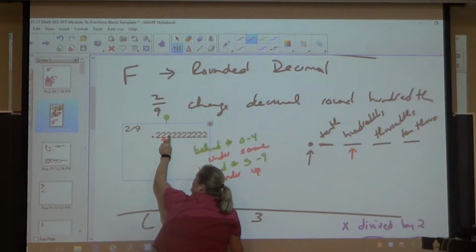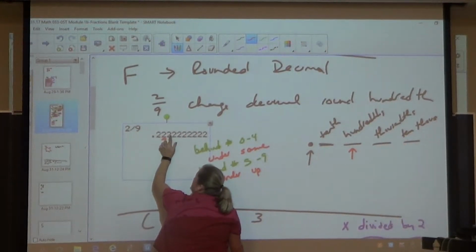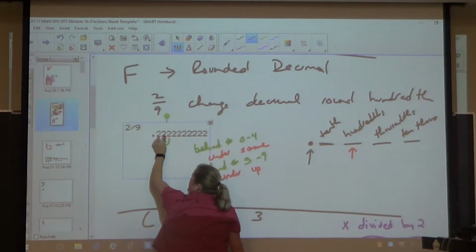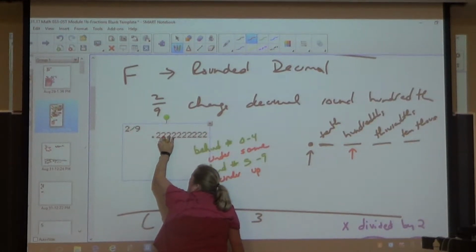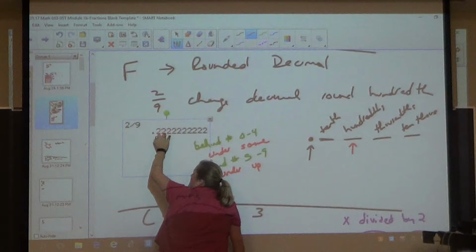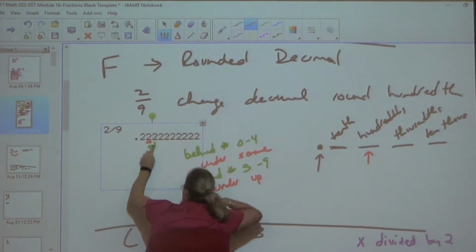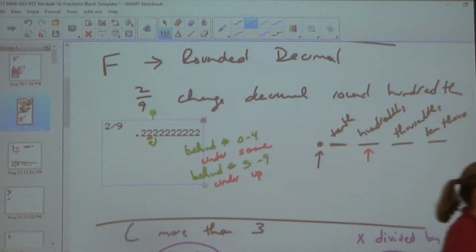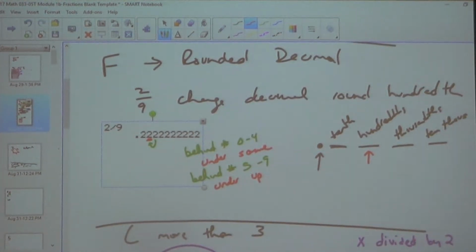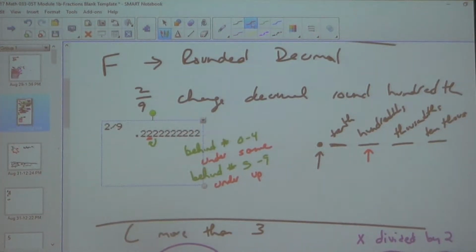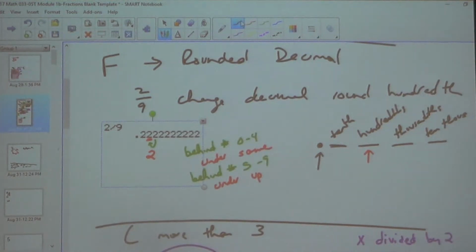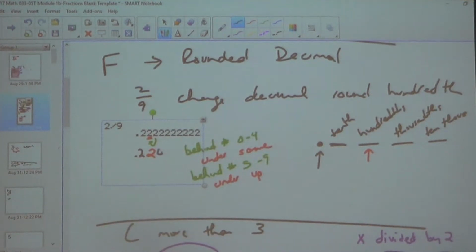If this number is 5 to 9, he's going to go up. So he determines what he does. It's like a wingman when you're out at a bar. He's going to tell you what to do. So because he's between 0 and 4, he's going to stay the same. So the red number stays the same. Everything in front remains. Everything behind turns to zeros.